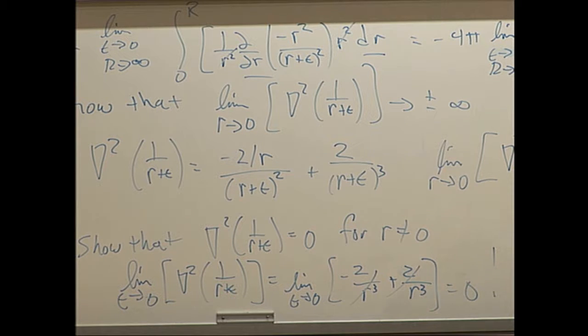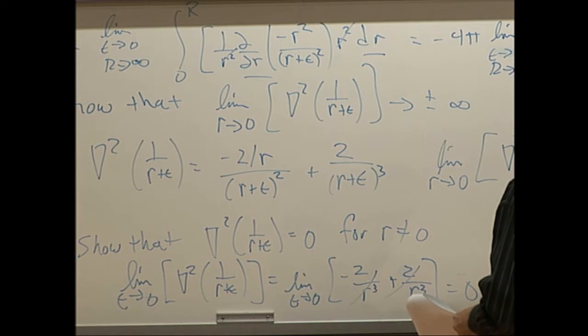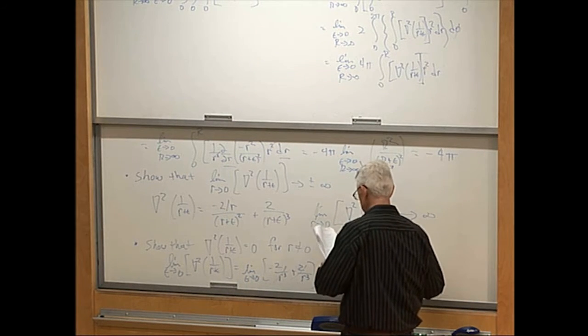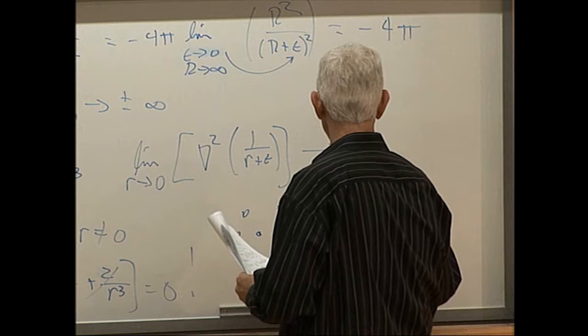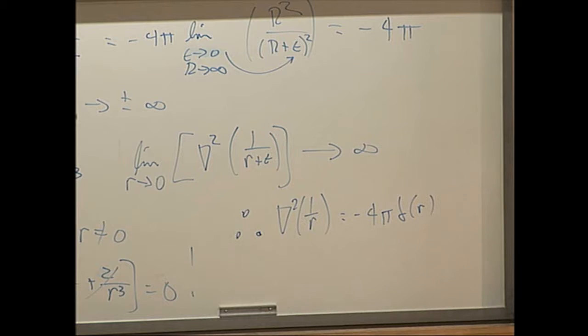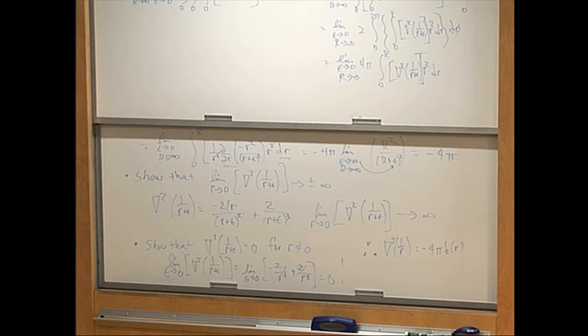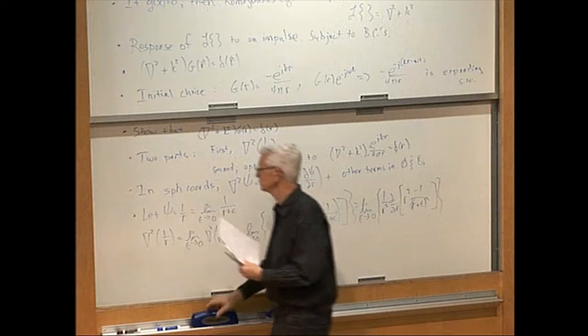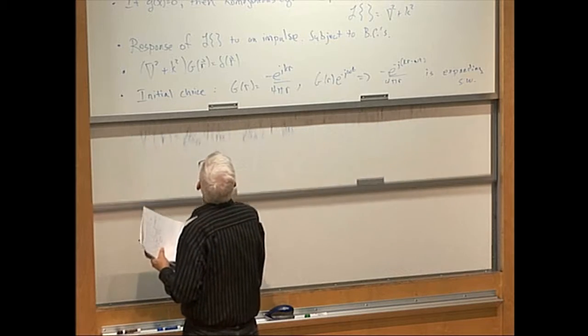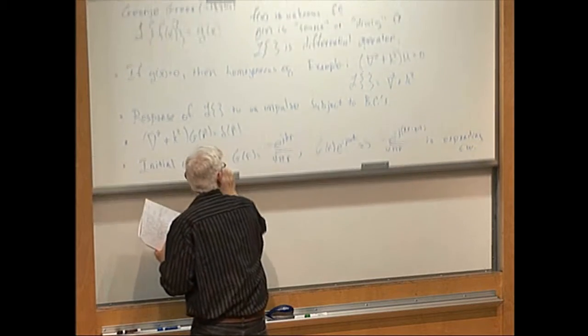Therefore, the Laplacian operating on 1 over r is equal to minus 4 pi delta of r. Now we want to go back and apply that result to including the complex phase exponential.